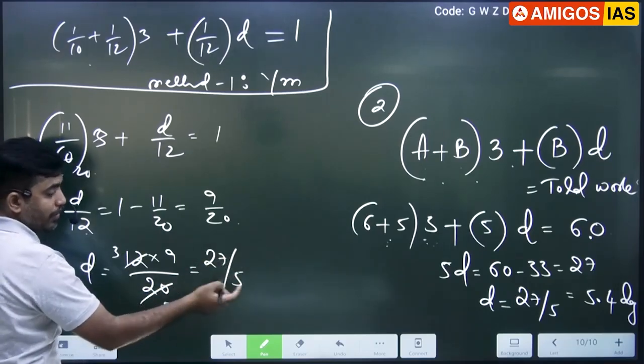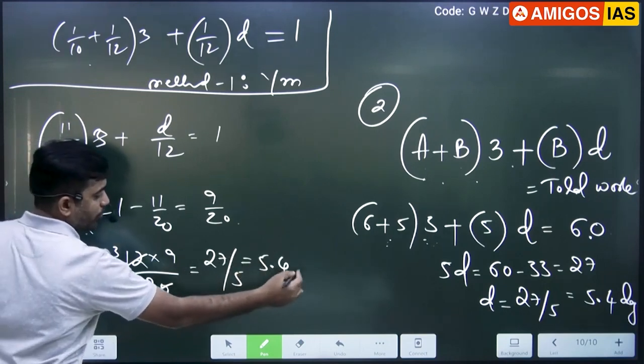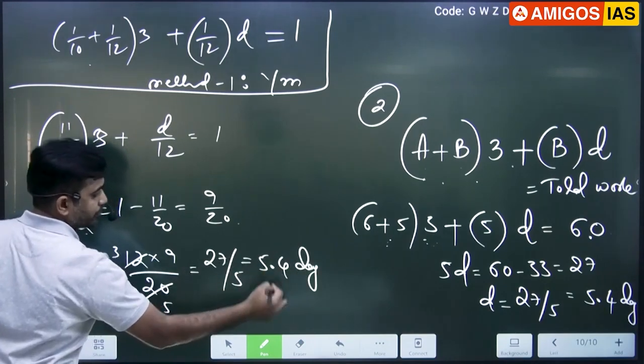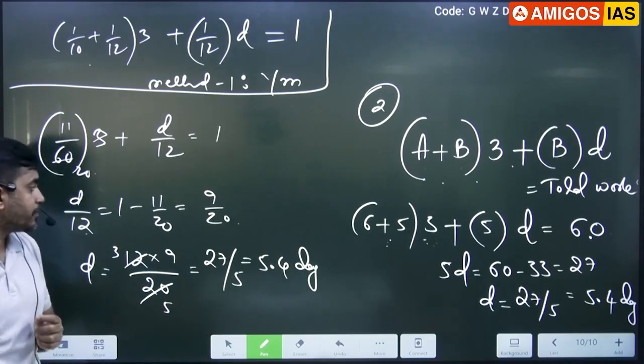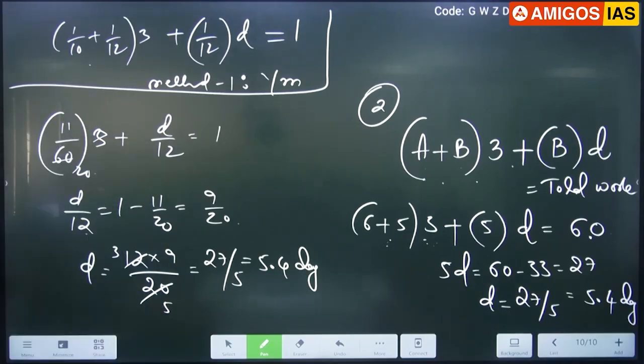We got the same value, which is 5.4 days. See, if question is like this, how many days B is taking for remaining work? Then answer is 5.4 only. But what is the question? Total duration. So add 3 also, first 3. 3 plus 5.4 total 8.4.